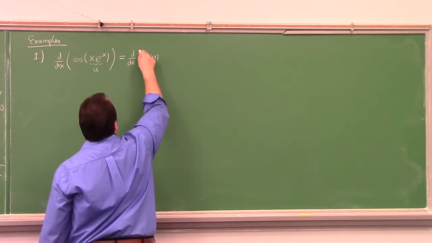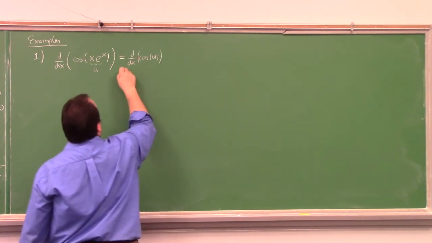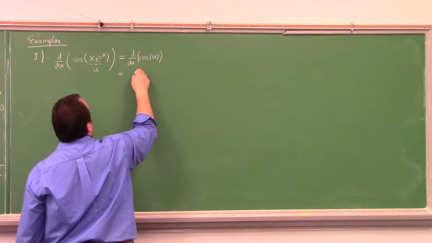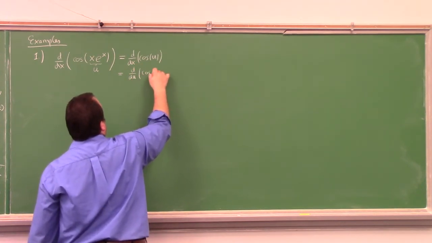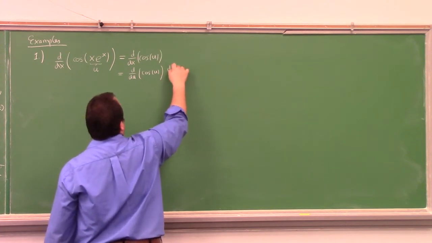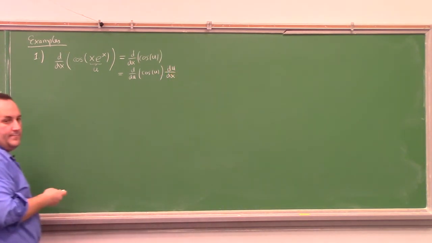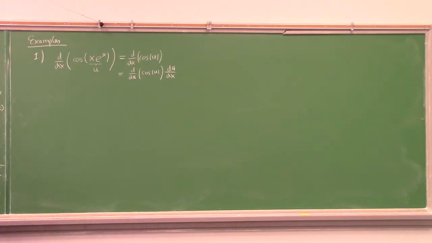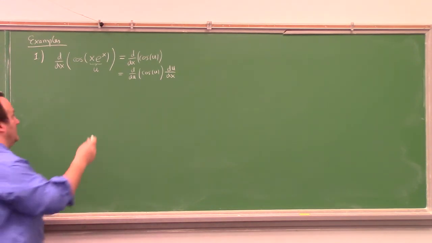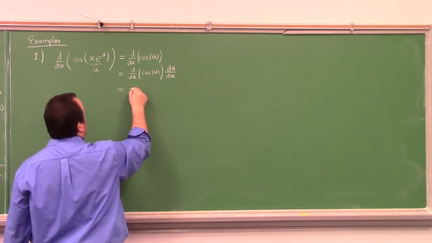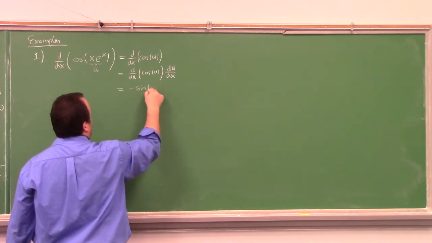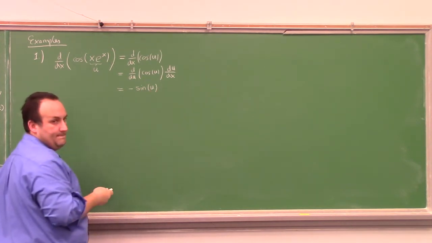You're getting ahead of me, that's good. So that's d du of cosine of u times du dx. That's the chain rule, right? But what was the derivative of cosine? It's minus sine of u, right?